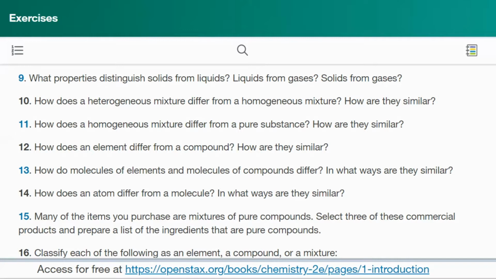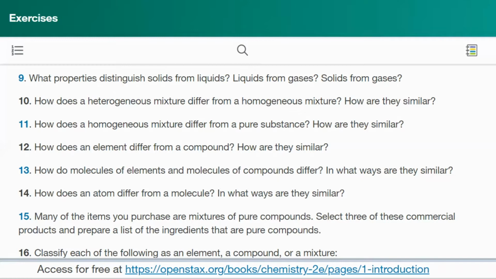It's always the same. How are they similar? My guess is that if you sample one point of a homogeneous mixture or a pure substance, it'll be the same as any other point. So let's look at the answer key.